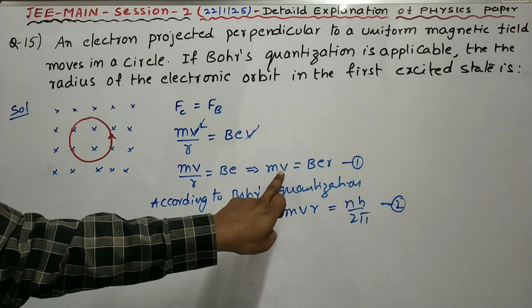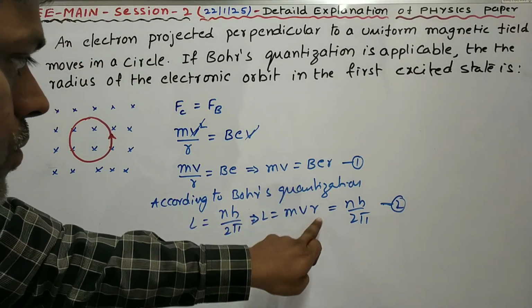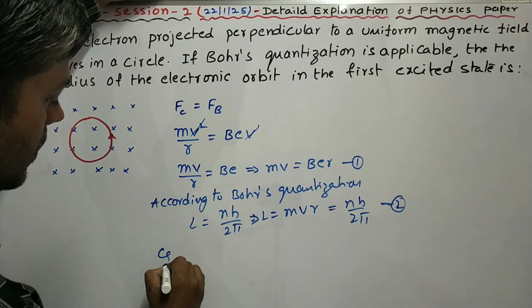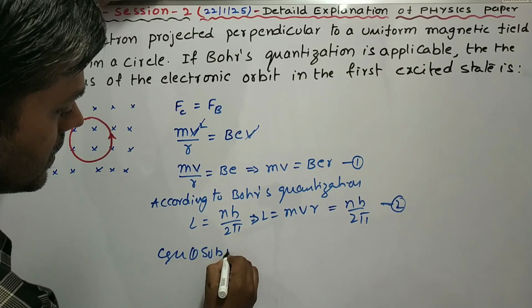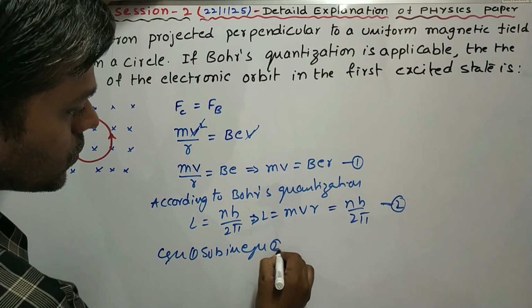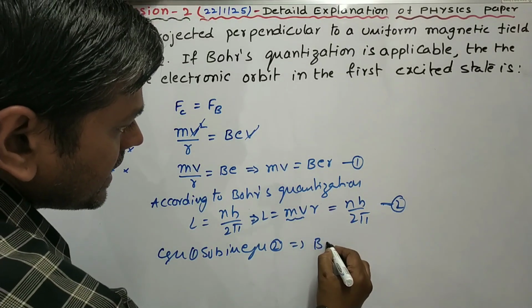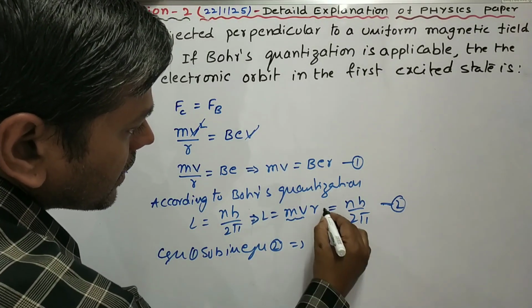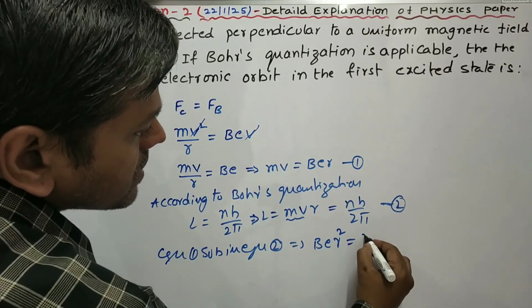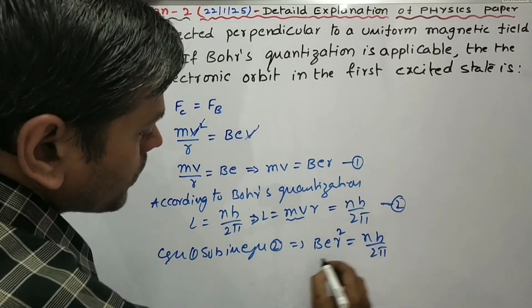Now I would like to substitute the mv value in equation 2. Equation 1 substituted in equation 2. That implies I replace mv with Ber, into r. So Ber square is equal to nh by 2 pi.